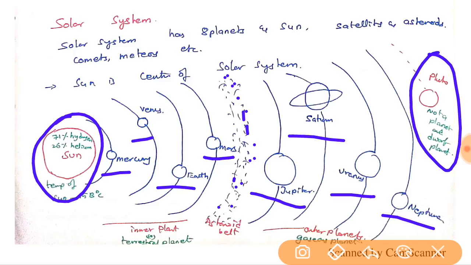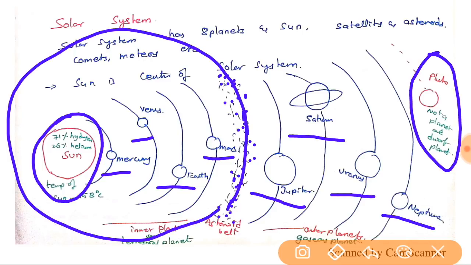Pluto is excluded from the planets list, and it was identified as a dwarf planet. The asteroid belt moves in a round orbit around the sun, and due to the effect of Jupiter, which is the biggest planet in the solar system, its gravitational force disturbed one planet and it broke into small pieces called asteroids.